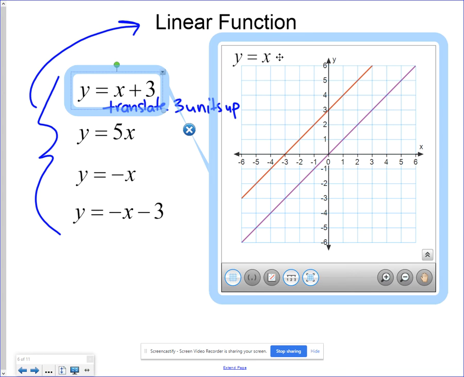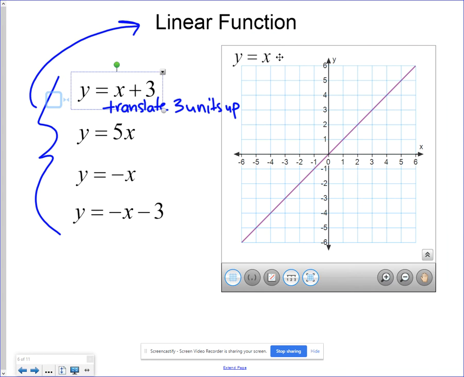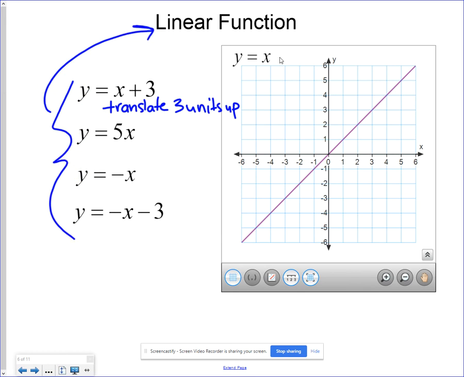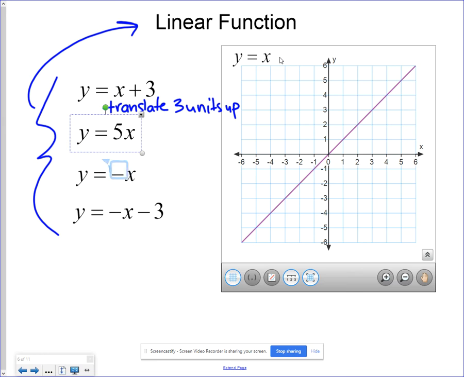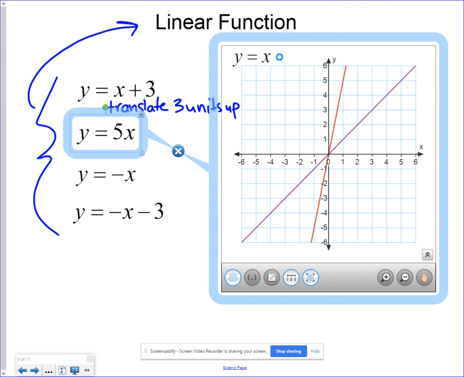All right. Let's get rid of that one. Again, let's start with the most basic graph of the family, the parent graph, y equals x. Let's see what happens when I put a 5 in front of it. Well, it doesn't change the location of it. Both of these graphs are starting at 0, 0. But the red line is now steeper than the purple line.